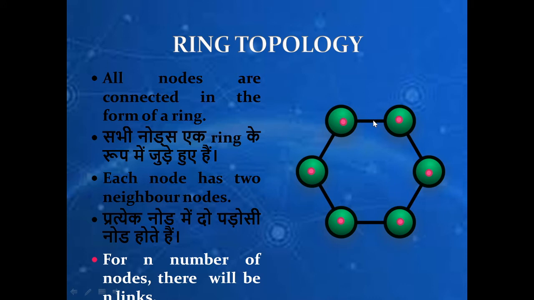Let us discuss, if we have n number of nodes in this network, how many links will there be? Here it is written that for n nodes there will be n links. Now see, here we have 6 nodes. Let us see whether we have 6 links or not: 1, 2, 3, 4, 5, 6.